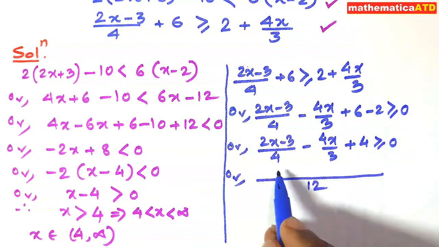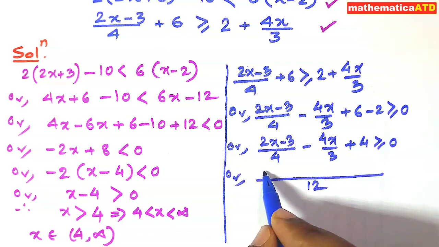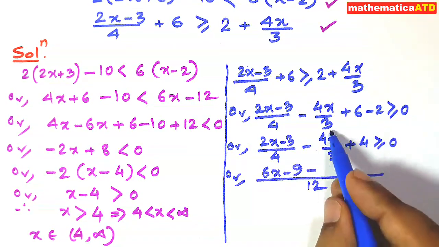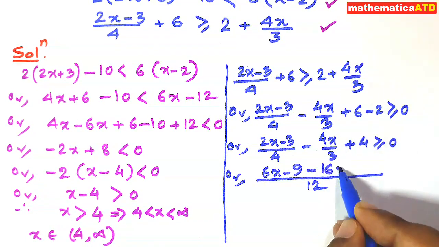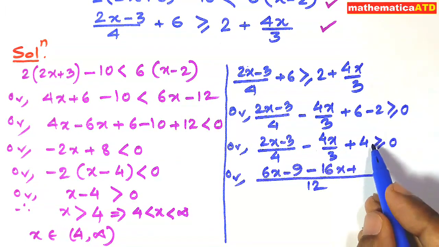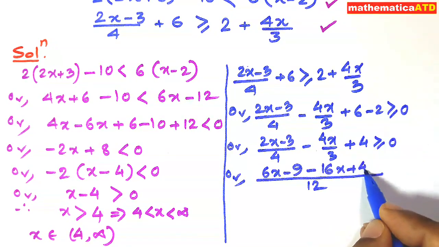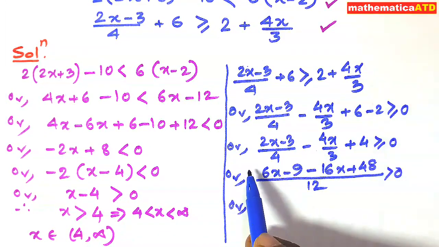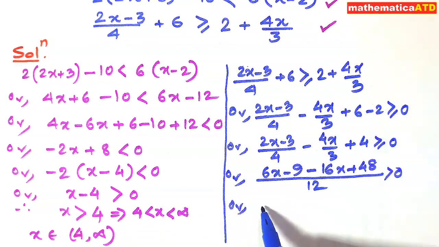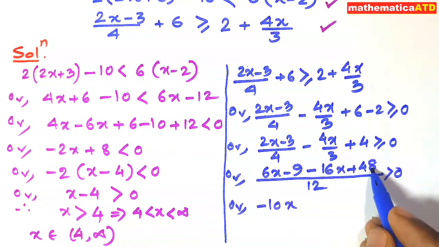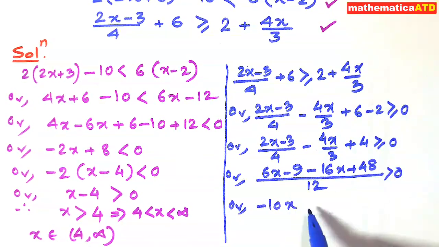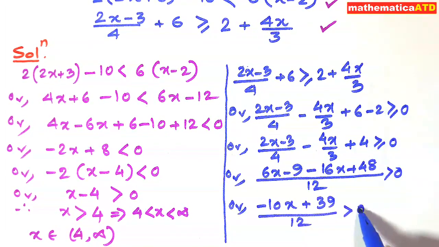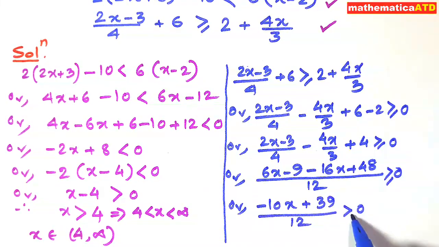So this is 3 times 2x minus 3, that is 6x minus 9, minus 4 times of 4x, that is 16x, plus 4 12s are 48. So we can write 6x minus 16x, that is negative 10x, 48 minus 9, that is plus 39, whole divided by 12 is greater than or equal to 0.